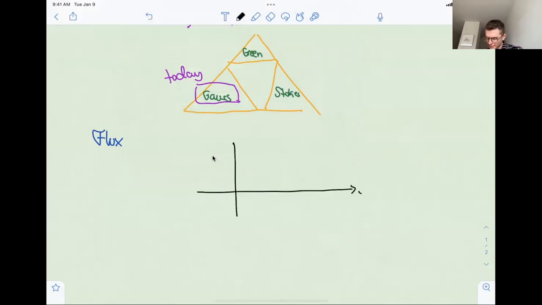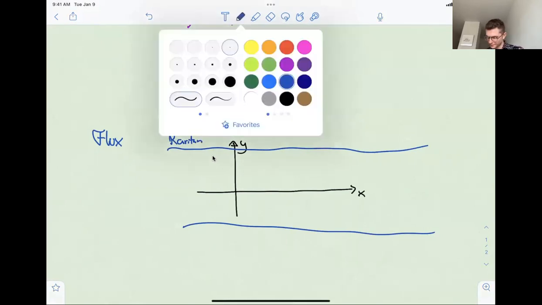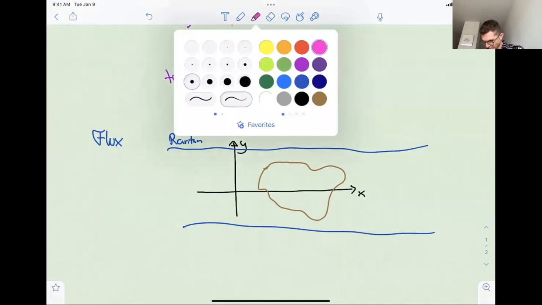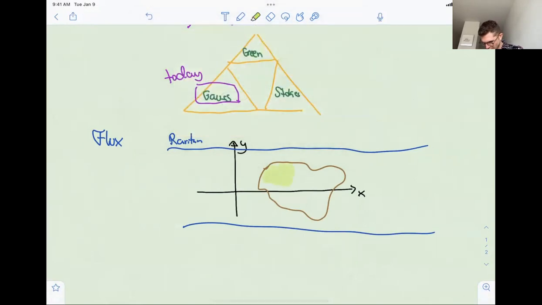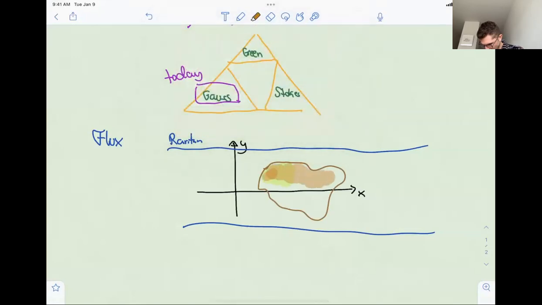But the idea was, I don't know if you remember the Raritan River, that if you draw a region on the XY plane, and you want to escape this region.